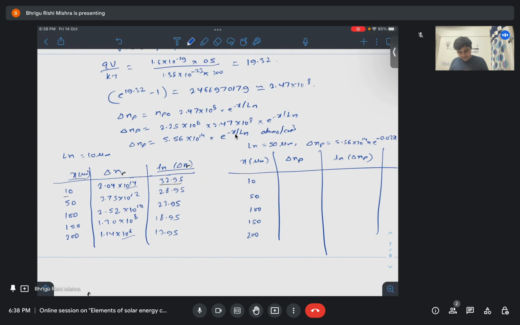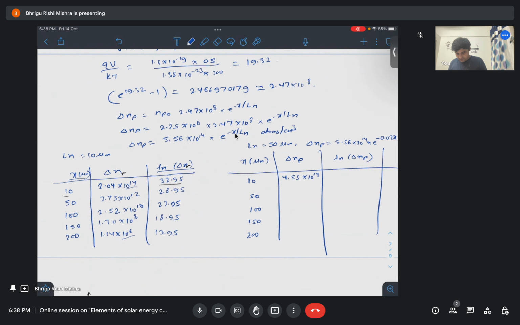So delta np for 10 is 5.56 into 10 to the power 14 into e to the power minus 0.02 into 10. So it comes 4.55 into 10 to the power 14.